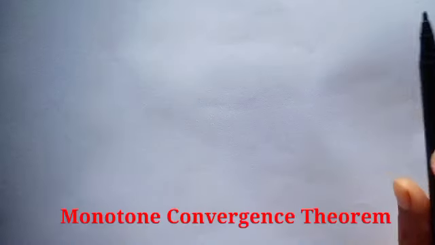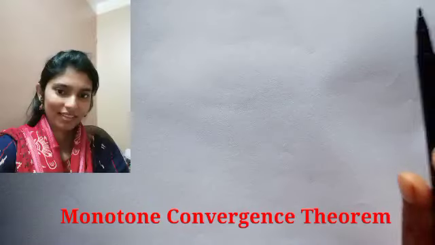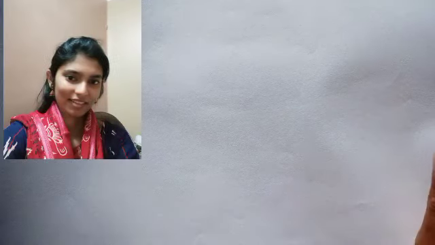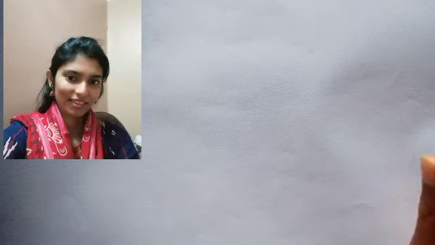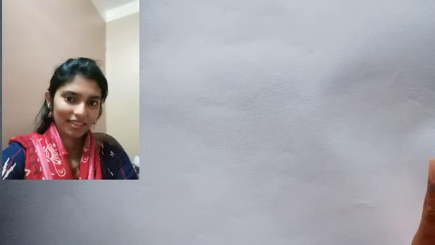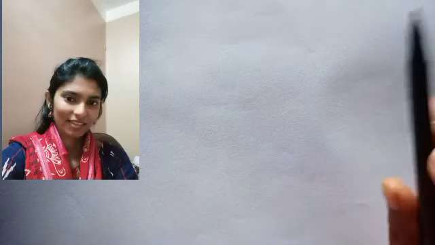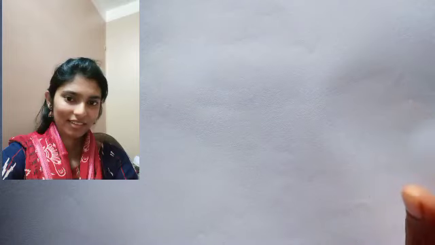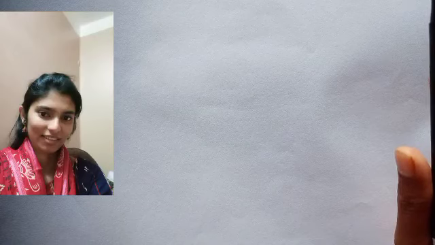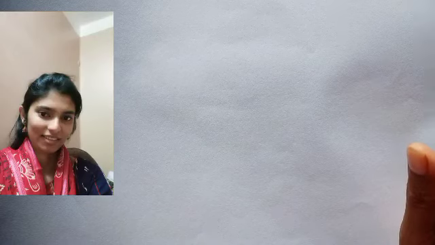The monotone convergence theorem is one of the most useful convergence tools, and we can use it to establish the convergence of some sequences without having to use the definition of convergence. That means when a sequence is monotonic, in other words, it is either increasing or decreasing, and bounded, then the sequence must be convergent.